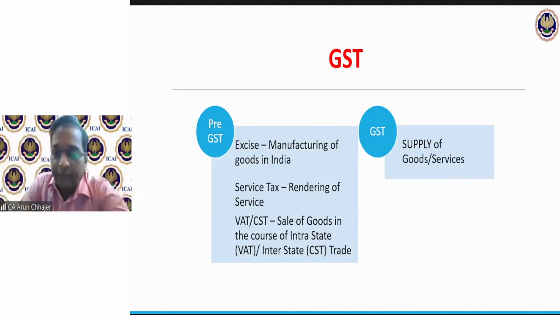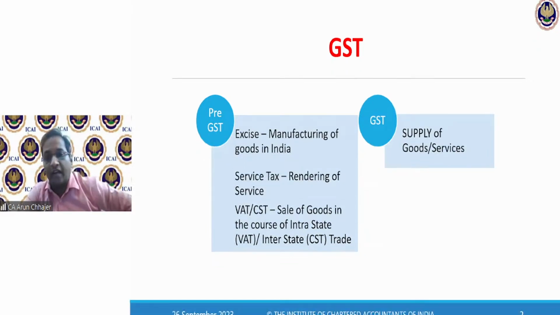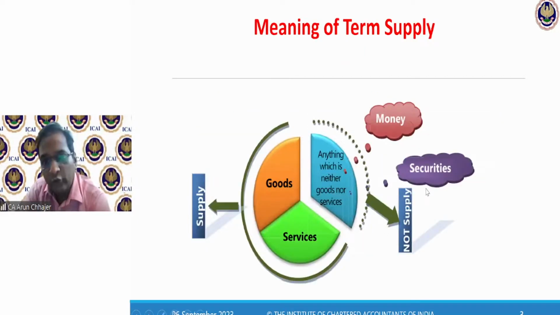And now let me move to the discussion. We are talking about that pre-GST there were multiple taxable events, but after GST, there is only one taxable event, that is supply of goods or services. Now, when I use the word supply, I am saying supply of goods or services or both.